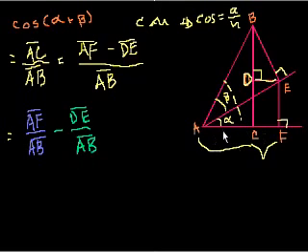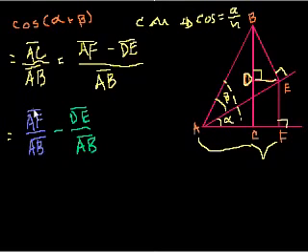So we have now AF over AB minus DE over AB. Those are kind of nonsensical ratios to me. Wouldn't it be great if we could express it somehow as AF over AE? Because then we could say, well, that's cosine of alpha, and do something from there.